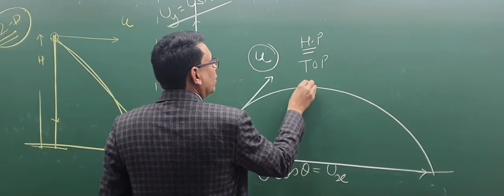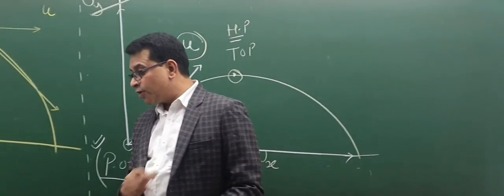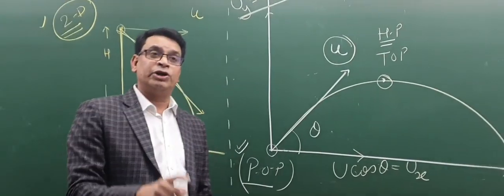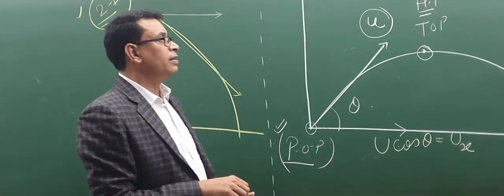At this point, velocity is minimum, but not equal to zero as in one-dimensional projectile motion.